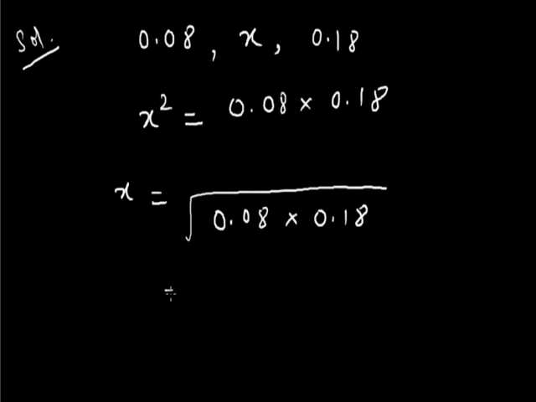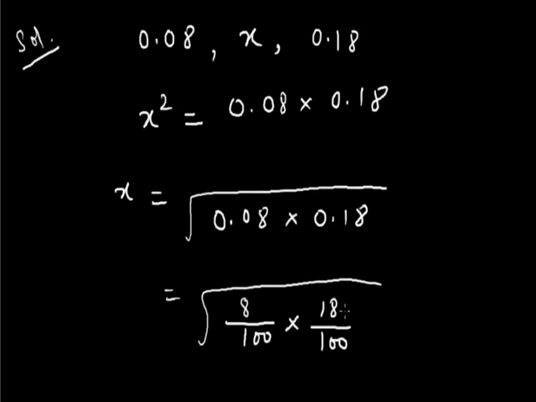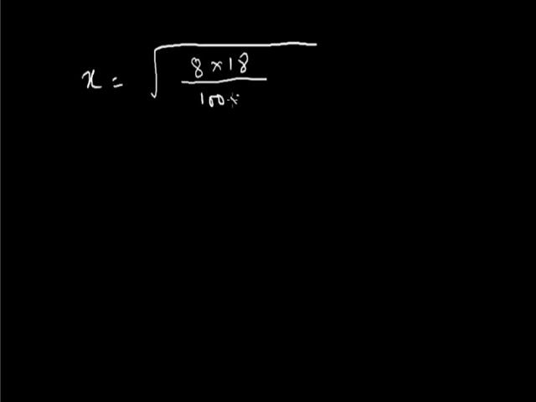Now we can see that 0.08 can be represented as 8 divided by 100, and 0.18 can be represented as 18 divided by 100. Now multiplying the numerators and the denominators, we get x equals the square root of 8 multiplied by 18 in the numerator, divided by 100 multiplied by 100 in the denominator.